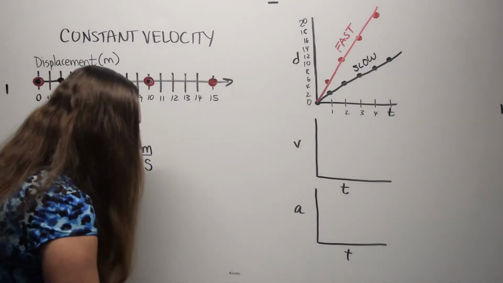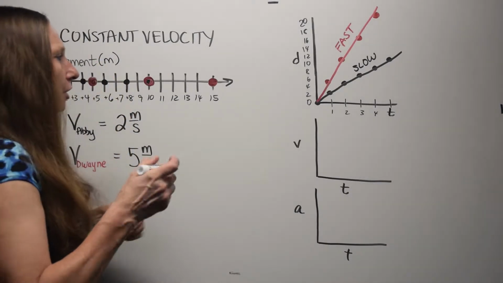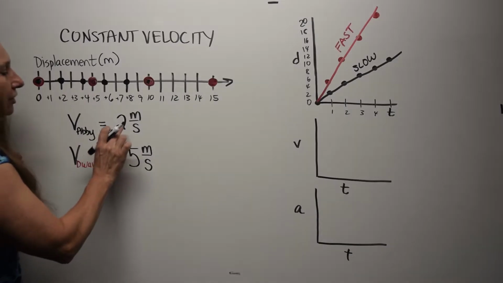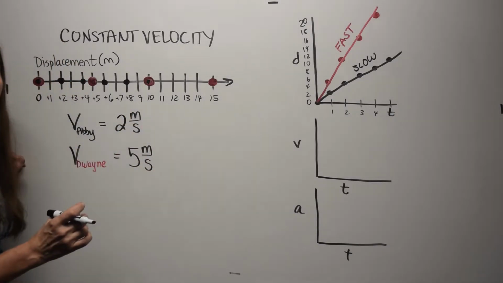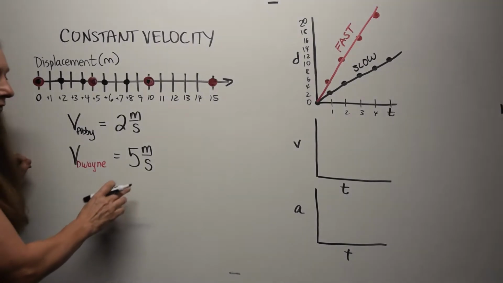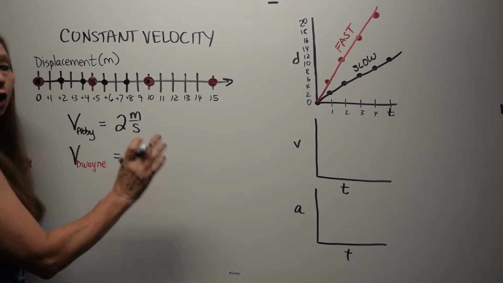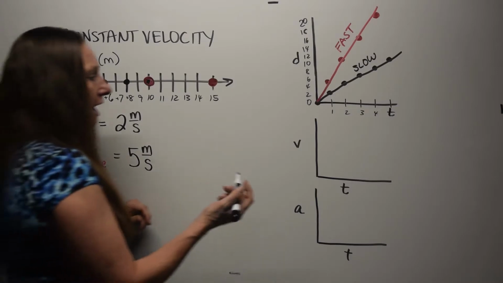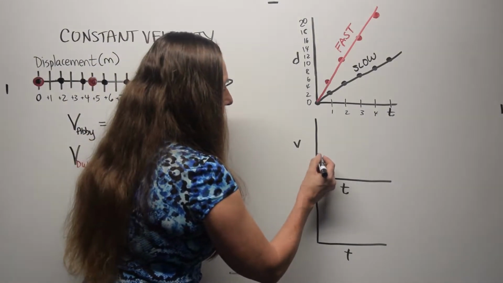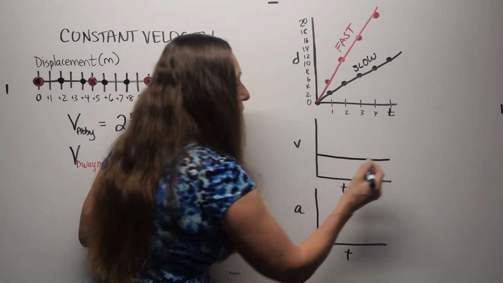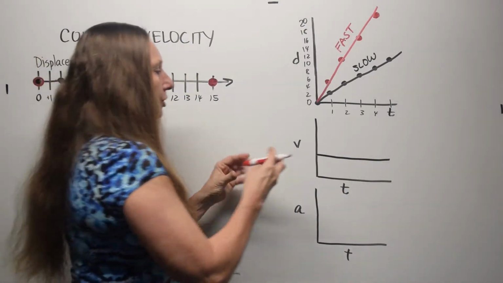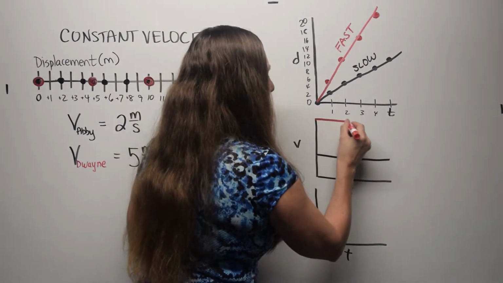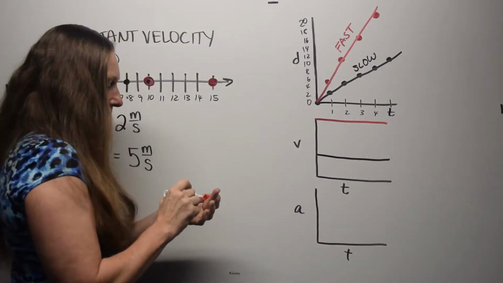Now, the easy part. What does a constant velocity of 2 meters per second look like on a velocity time graph, and what does a constant velocity of 5 meters per second look like on a velocity time graph? Again, Abby is here at 2, and Dwayne would be about there at 5.